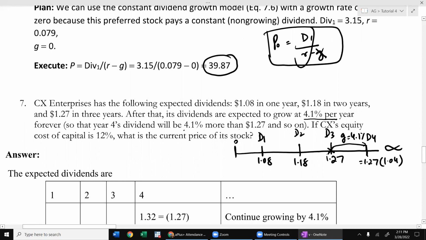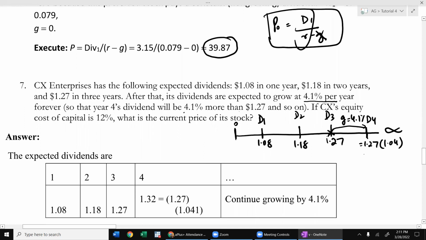The answer would be 1.32. After that it will remain growing forever, so we are not bothered. If CX's cost of equity capital is 12%, what is the current price of the stock? So R is equal to 12%.